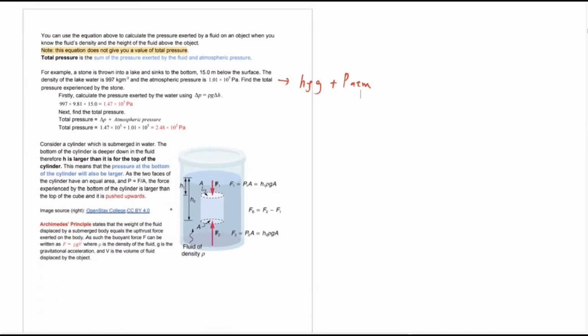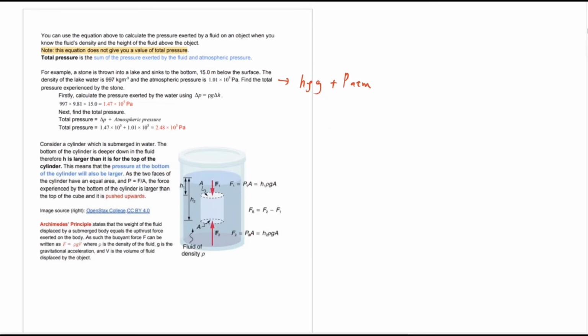Now this one is what we discussed just now. The top surface and the bottom surface. For the bottom surface, the pressure is h2 rho g, but they rearrange it to find the force.